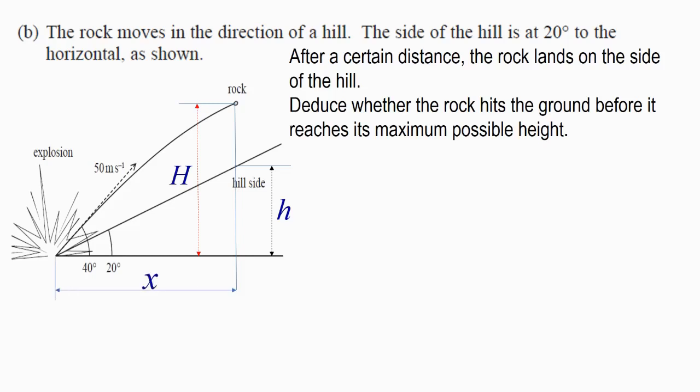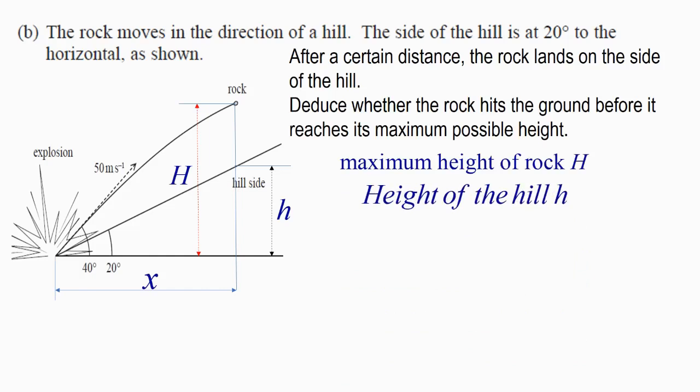And x is the horizontal distance traveled by the rock in the time taken to achieve the maximum height. The maximum height achieved by the rock is capital H, and the height of the hill corresponding to that point is EH. Now we are considering a triangle ABC.